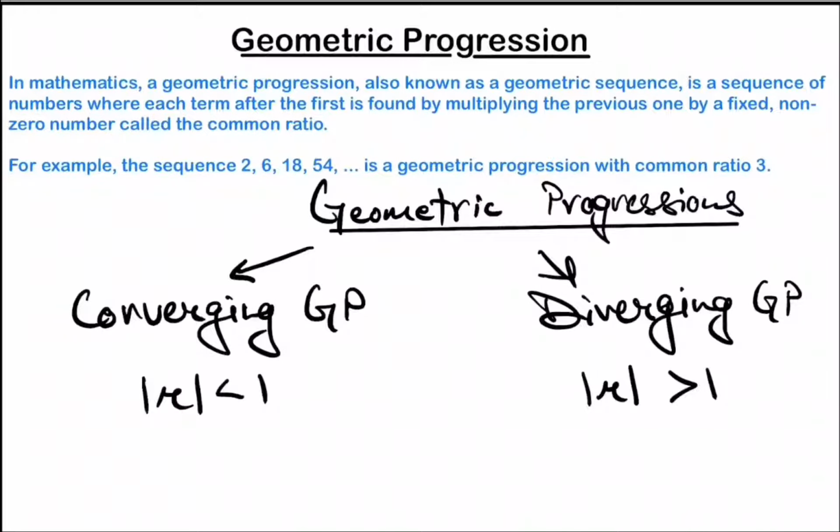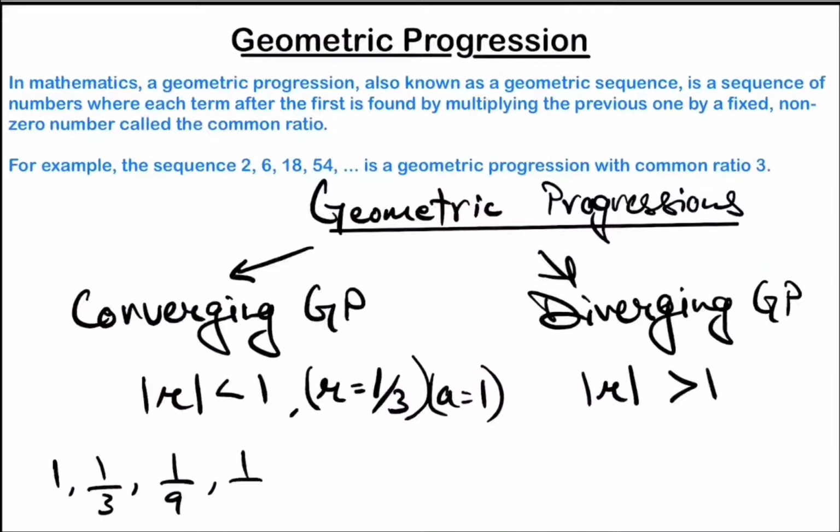If the magnitude of the common ratio is less than 1, then every successive term we get will be smaller than the previous one. For example, suppose r is 1/3 and a is 1, then we get a sequence like 1, 1/3, 1/9, 1/27, 1/81 and so on.